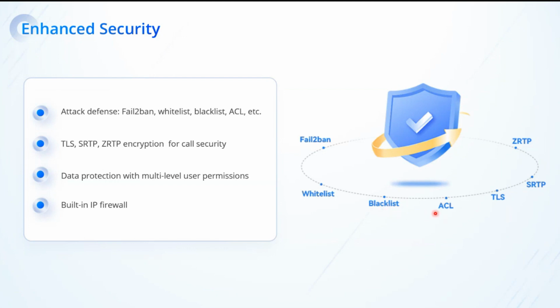Of course, we have ACL for SIP calls. We have the latest TLS version, and if you want to use SRTP, it's up to you. You can also do RTP encryption for SIP calls with SRTP.